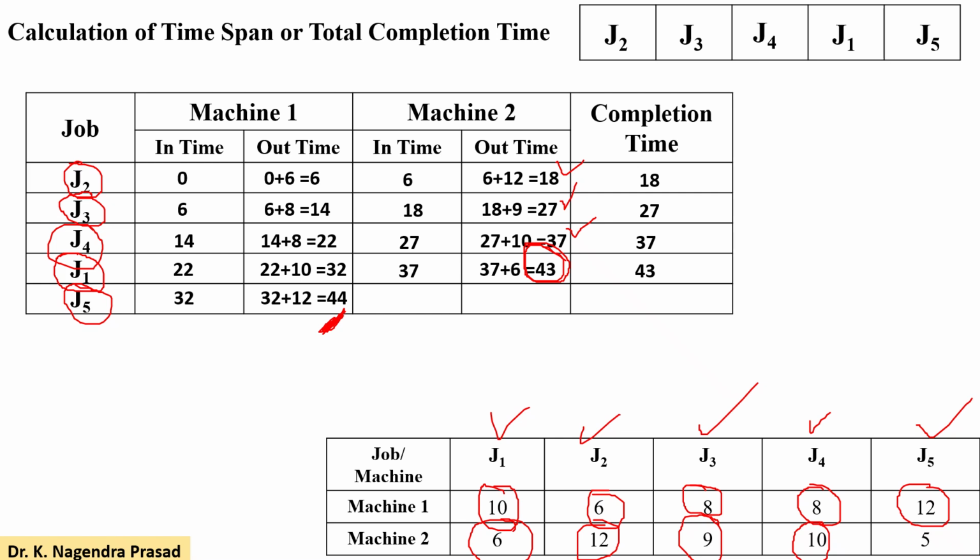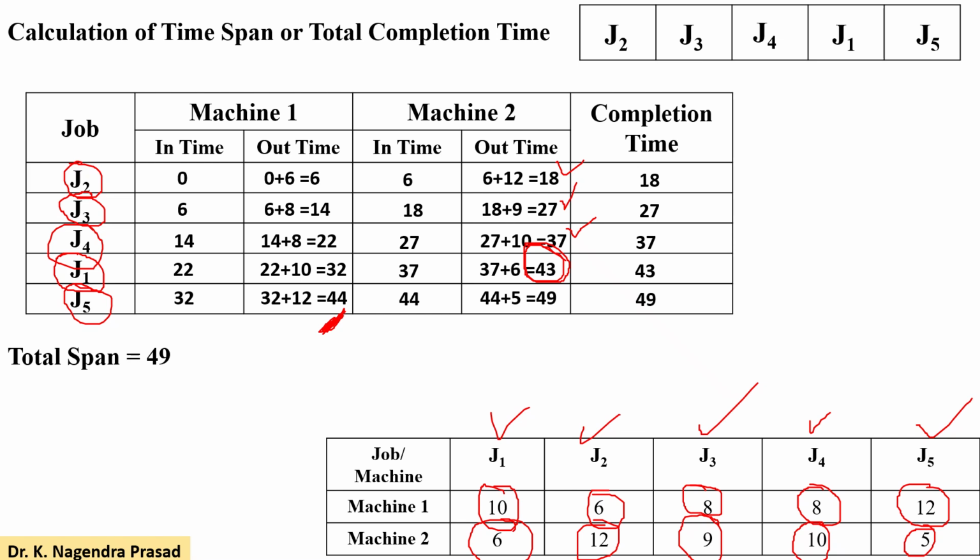So after 44 hours only, it has to be moved to machine 2. Then in time of job J5 on machine 2 is 44, and its processing time on machine 2 is 5. So out time is 44 plus 5, which is equal to 49. Then completion time is 49.